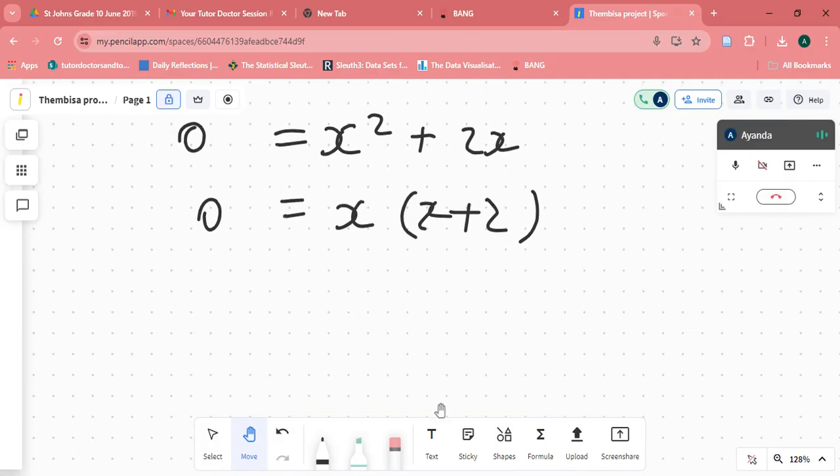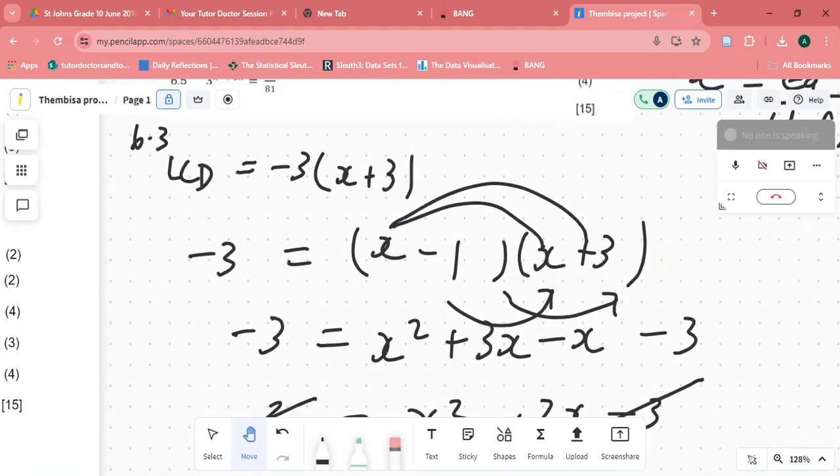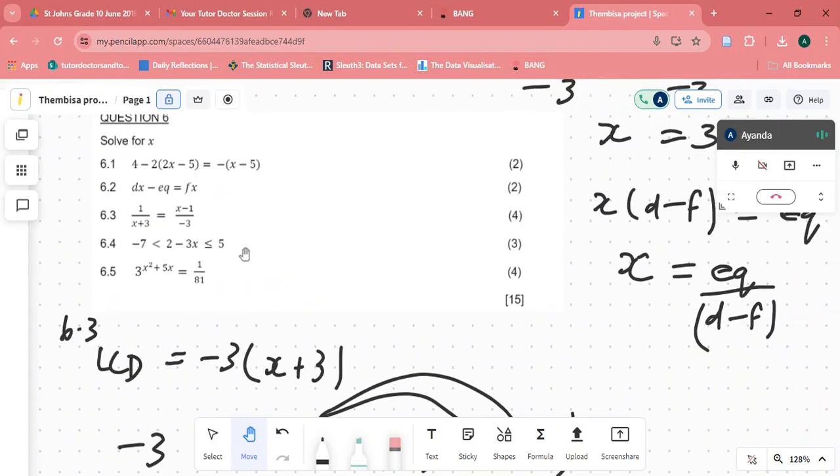So we have two options. X is either equal to 0 or x is equal to minus 2 from our bracket over here. That's it for 6.3. 6.4, we have an inequality.